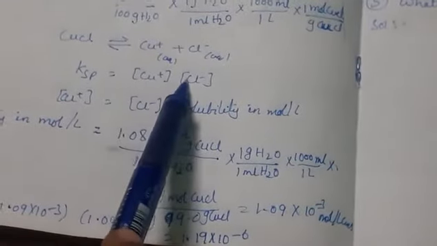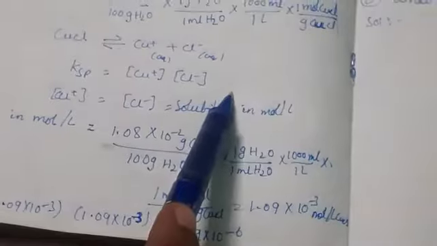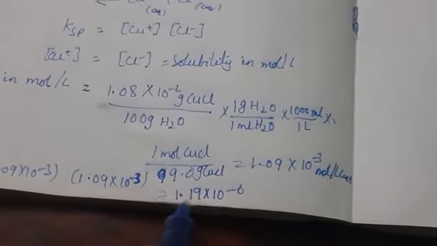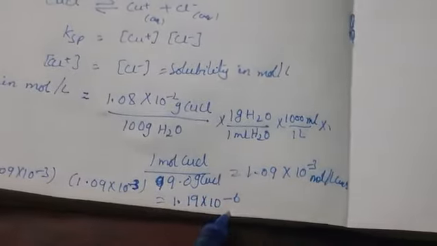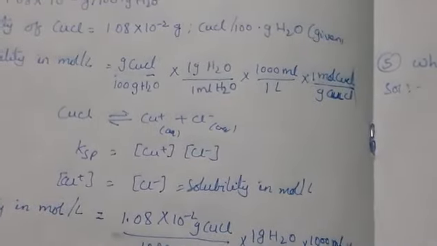Then you substitute this 1.09 × 10^-3, and you are going to get the value 1.19 × 10^-6. So this is nothing but the calculation of grams into moles per liter. So this is about solubility and solubility product. By this we have completed solubility and solubility product. Thank you.